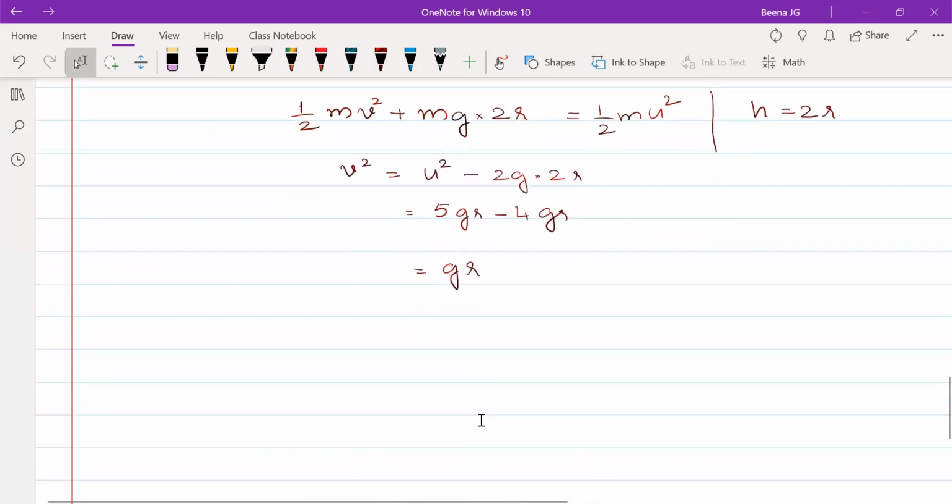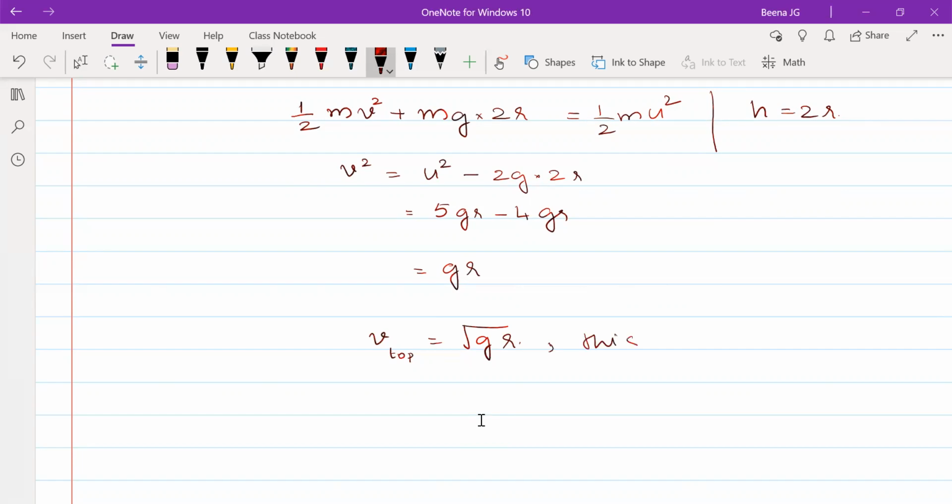Or else you can tell the velocity at the top will be equal to root gr. This root gr, this is also called the velocity at the top. This velocity is also called the critical velocity at the highest point.